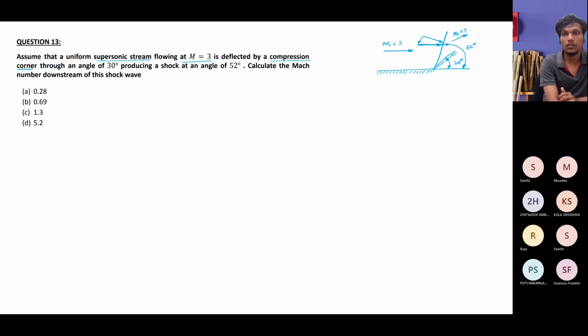So we have to resolve the velocity, or the Mach number, using sine or trigonometry relations, and then we can get the Mach number. Let me clearly draw this for you. If this is the oblique shock wave, take one more.